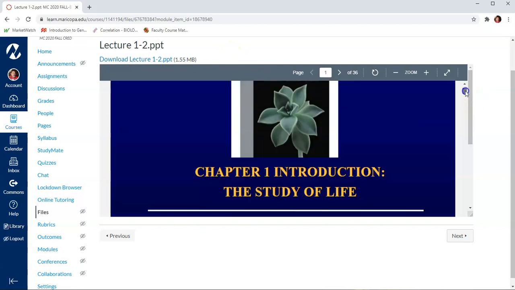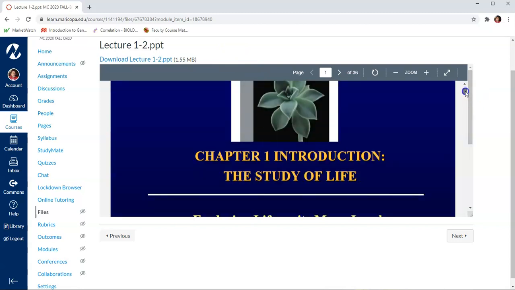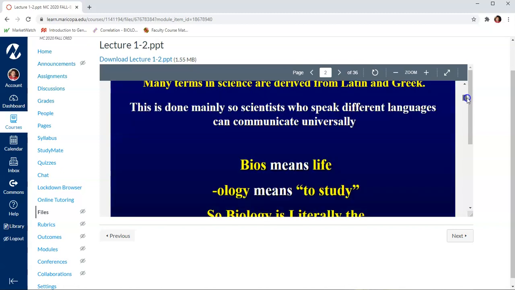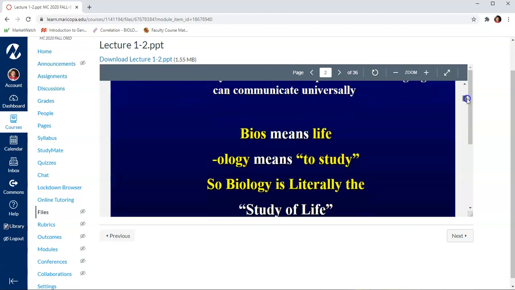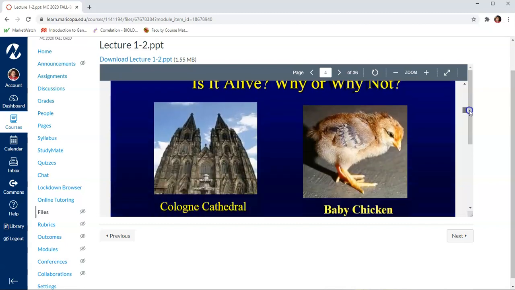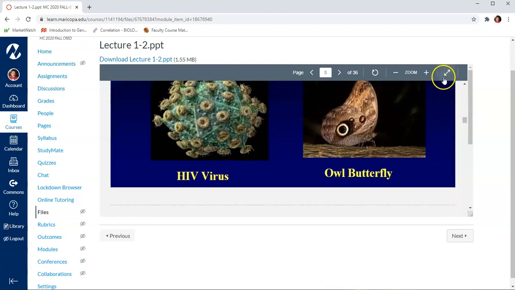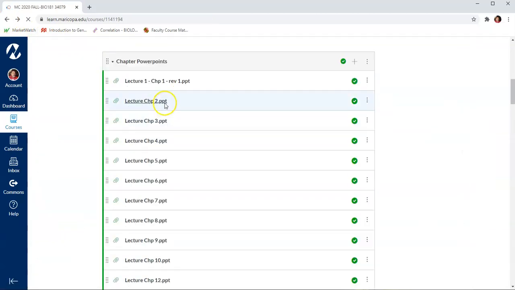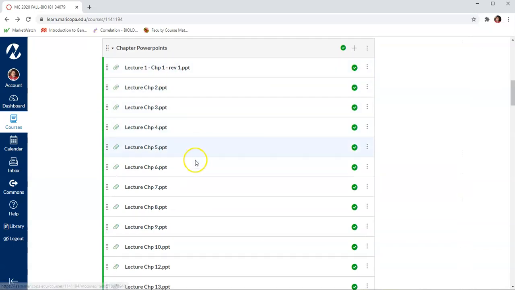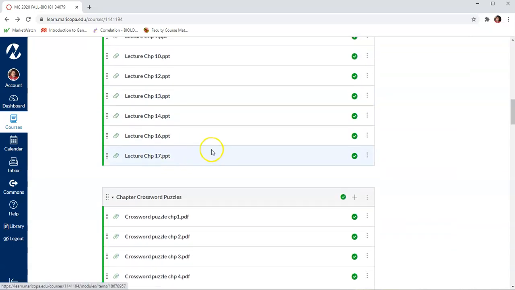Canvas attempts to decode these in Canvas itself, and so you can go through the slides here as well if you want to go and review them, and you can also download them. So that's available to you for each of the chapters, chapter 1 all the way through chapter 17.